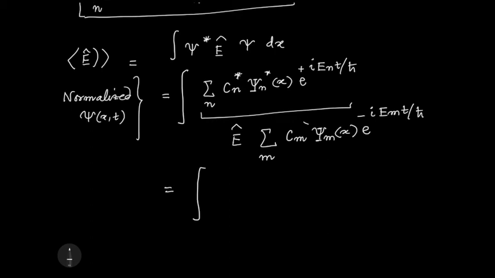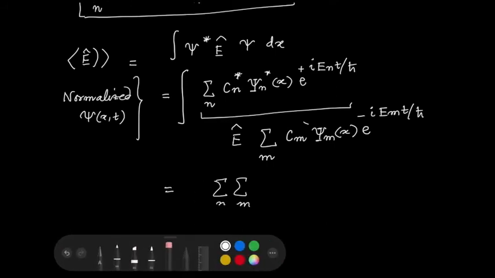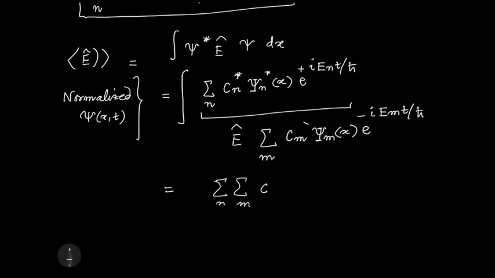So what will happen once I operate with the energy operator on the right hand side? I'll get this summation over n, and then this summation over m. Let me write the integral later. The integral is operating only on x, it is nothing on summations, obviously. So I'll have Cn star, I have Cm, and then when I operate E on psi m, I will get Em, which is the energy, and I will get back psi m.